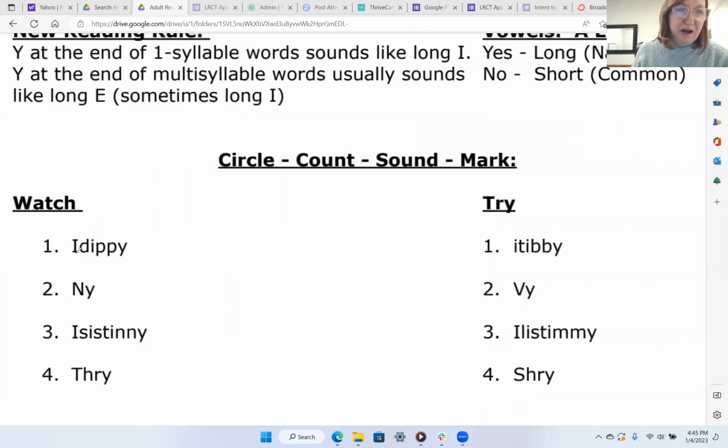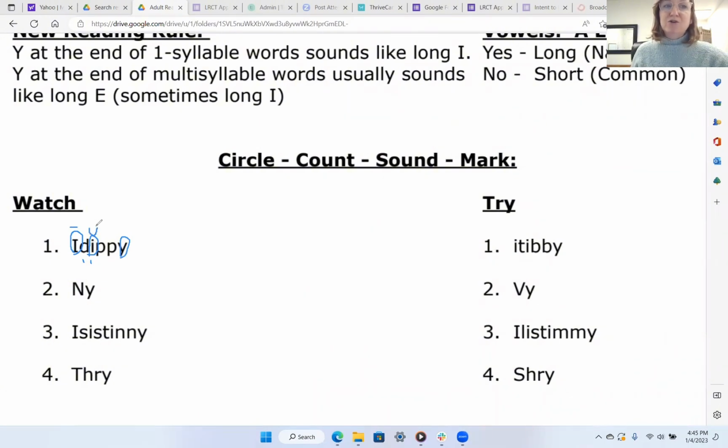Okay, so I'm going to come to a vowel and I'm going to circle all the vowels, including the Y. Then I'm going to tap the next two letters. If either one of them is another vowel, then the vowel that you are on will say its name. 1, 2, yes, there's a vowel. Yes, it says its name. 1, 2, no, there's not another vowel. No, it won't say its name.